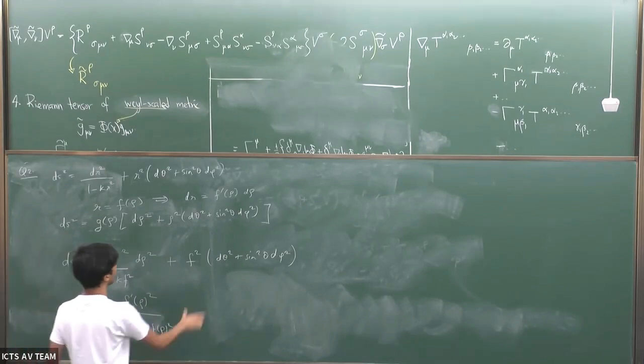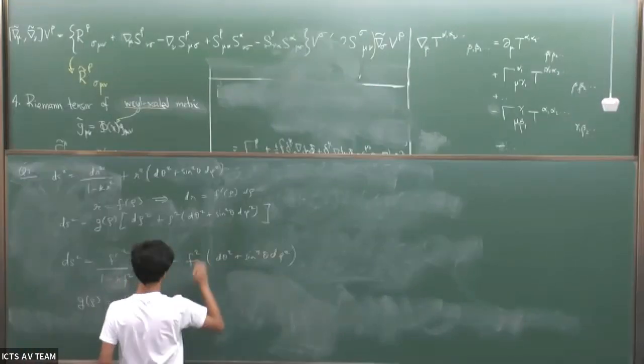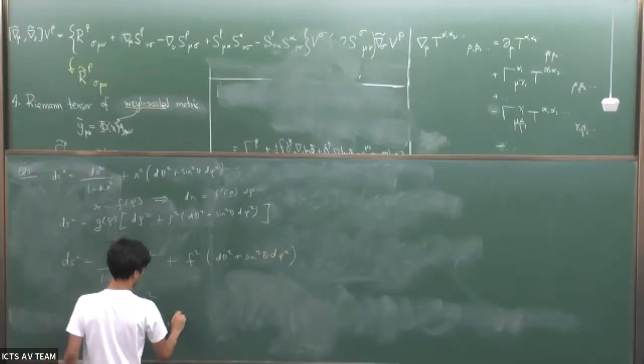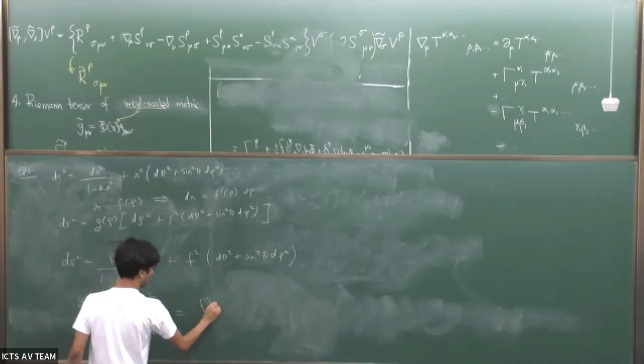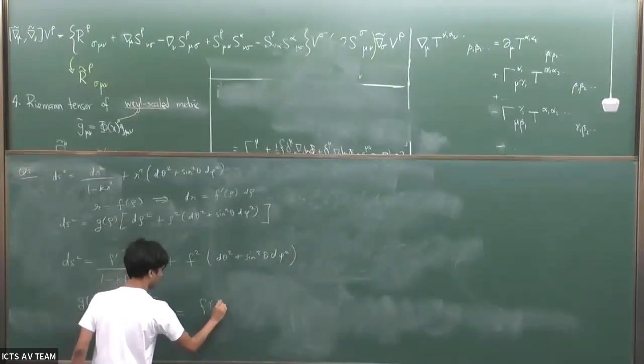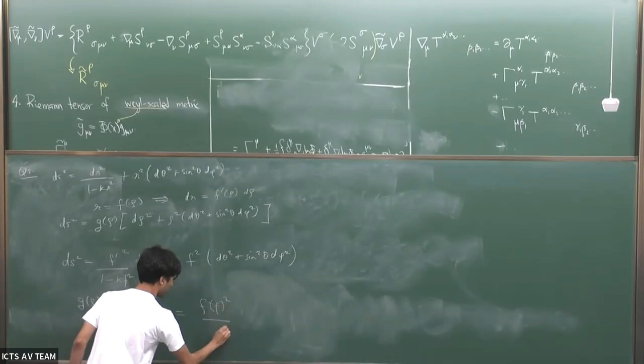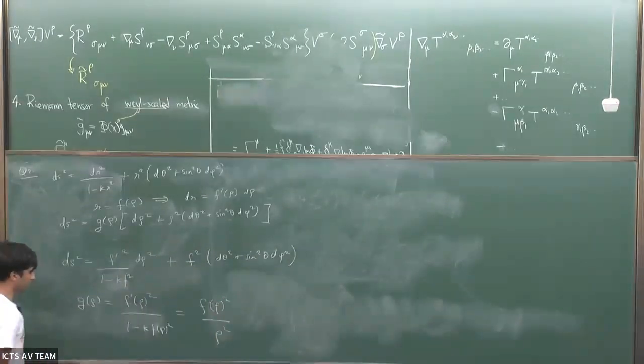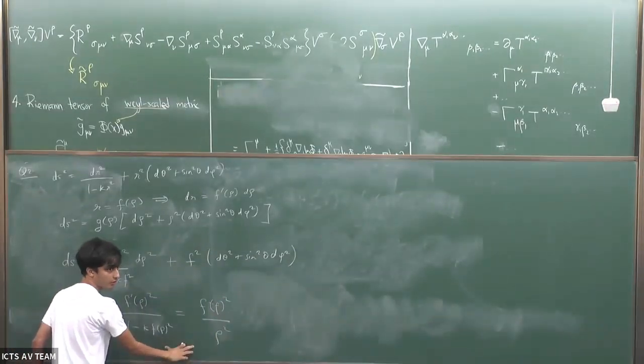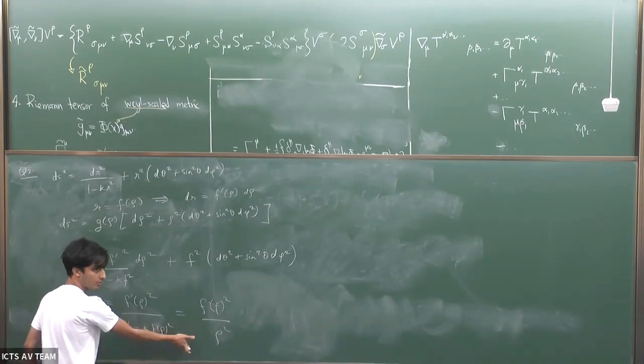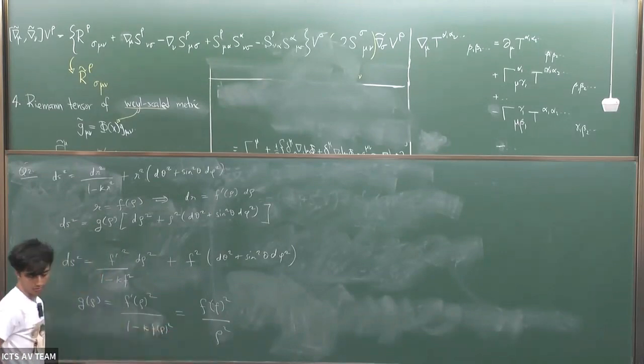And the coefficient of this whole thing gives us that this is also equal to f(ρ)² divided by ρ². So this will give us f in terms of ρ.